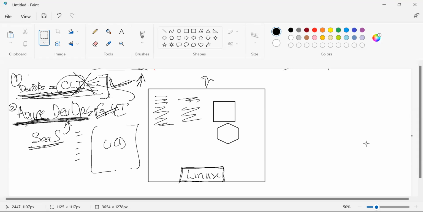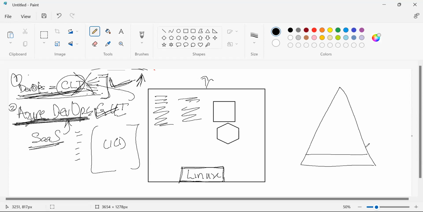Therefore, the courses you are going to learn to become a DevOps engineer would be Linux. In fact, let's start from the bottom. You are going to learn Linux. It's a pyramid, so everybody can learn Linux. That's no big deal.